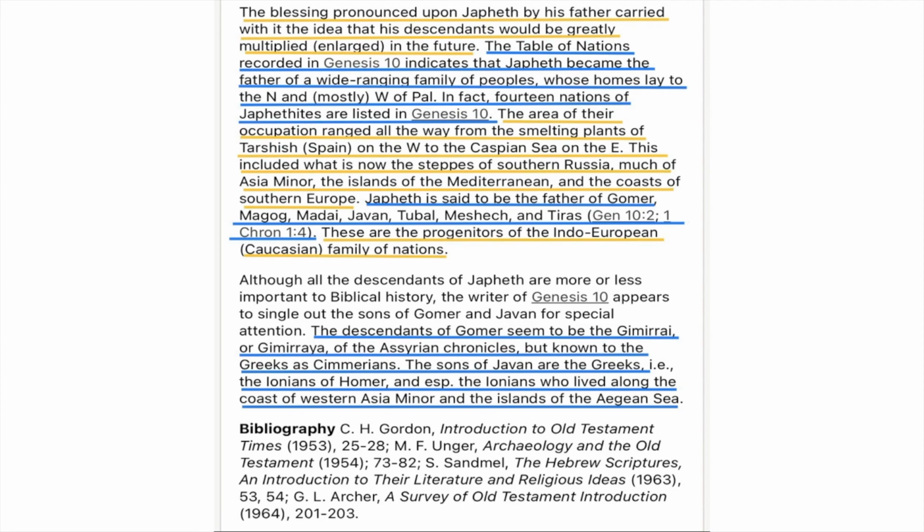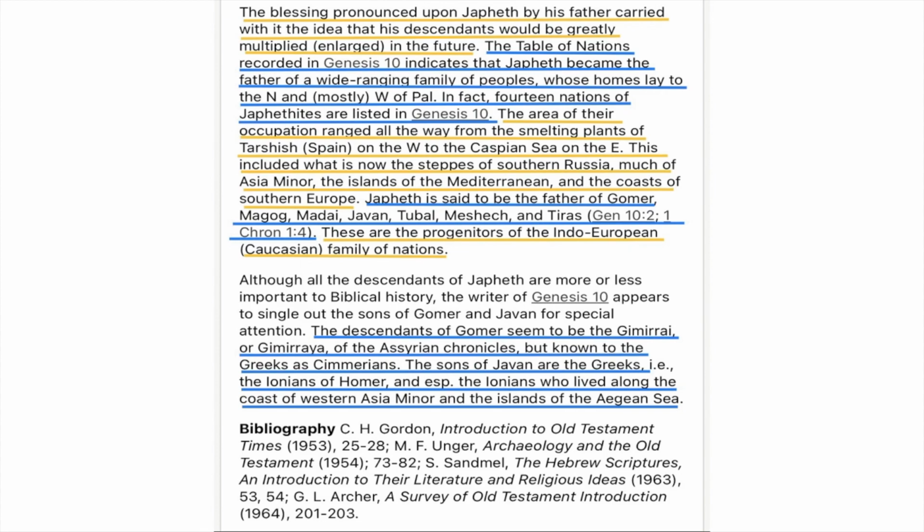The blessing pronounced unto Japheth by his father carried with it the idea that his descendants would be greatly multiplied and enlarged in the future. The table of nations recorded in Genesis chapter 10 indicates that Japheth became the father of a far-ranging family of peoples whose homes lay to the north and mostly west of Palestine. In fact, 14 nations of Japhethites are listed in Genesis 10.